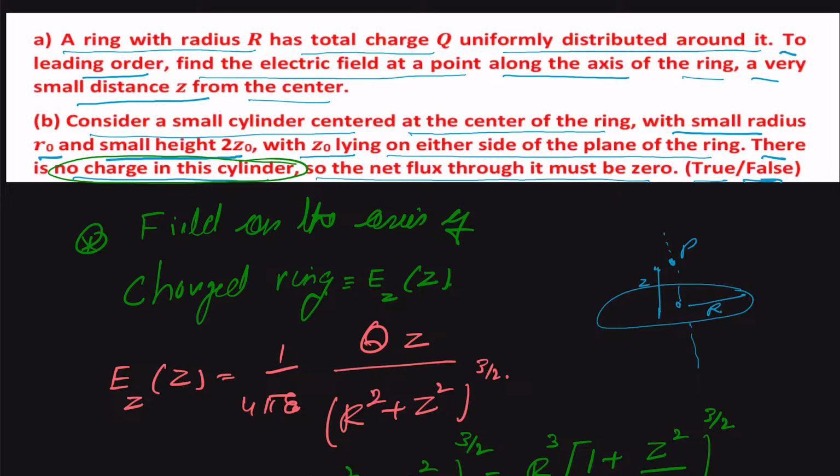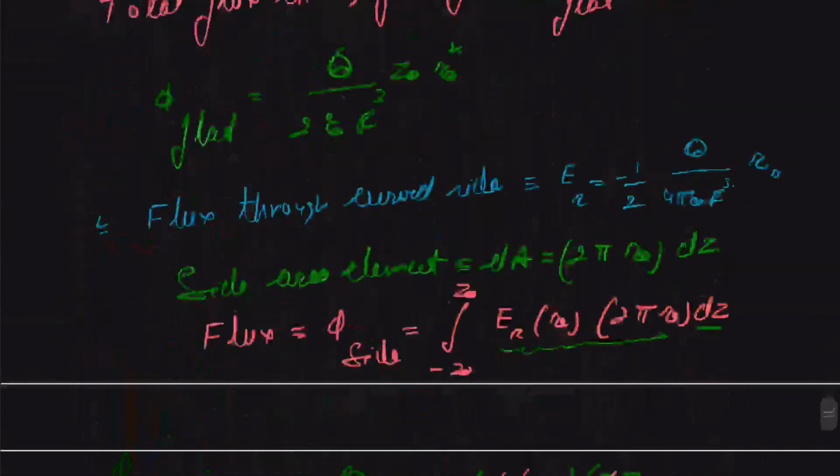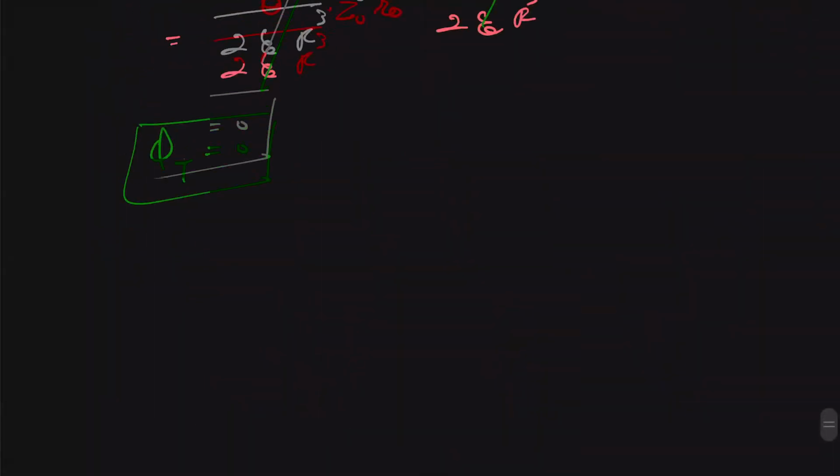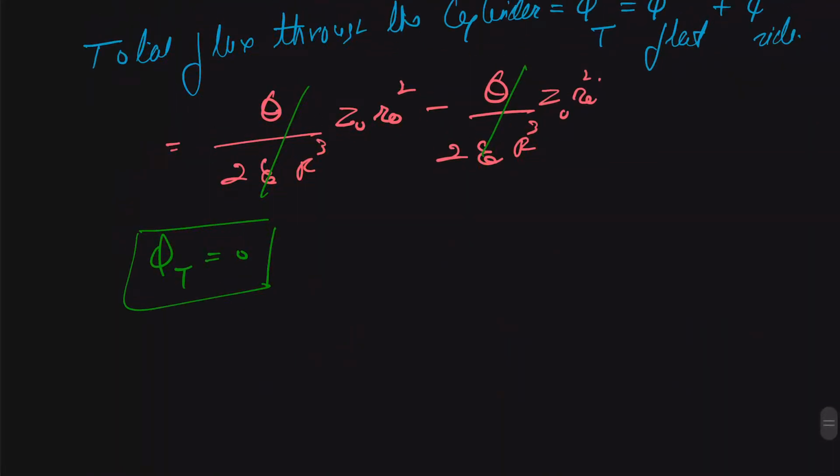This statement is true. So we can also deal with it directly, but if we want to do it analytically, we can find out the flux through the flat surfaces and the flux through the side of the curved surface, and their summation will be equal to 0.